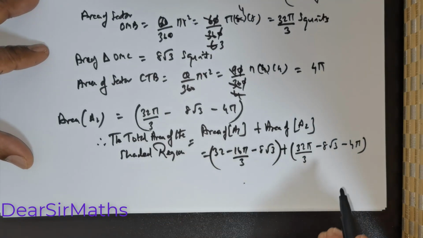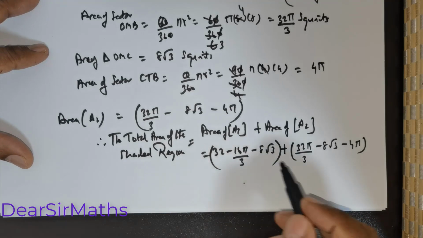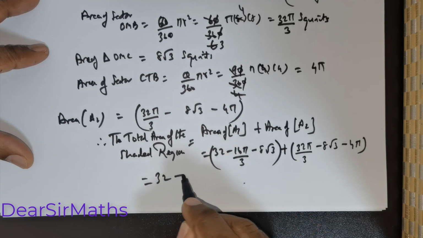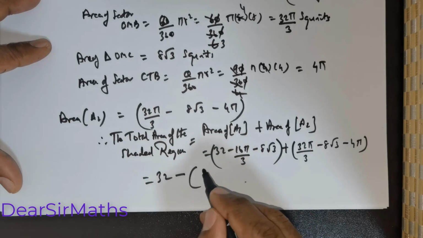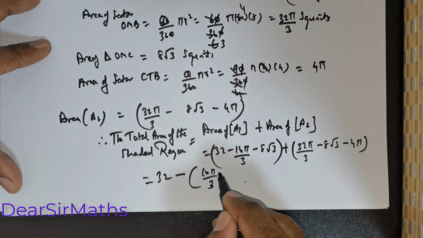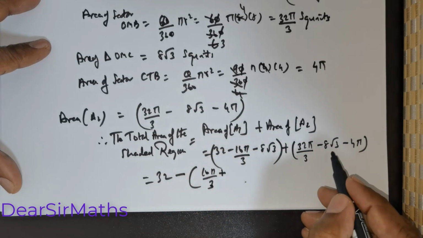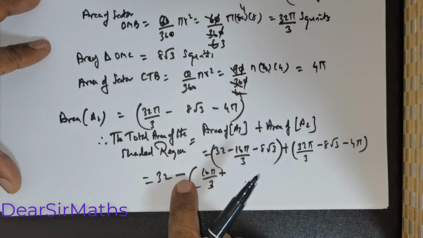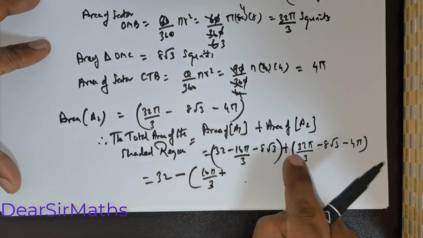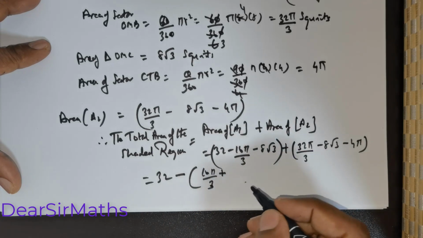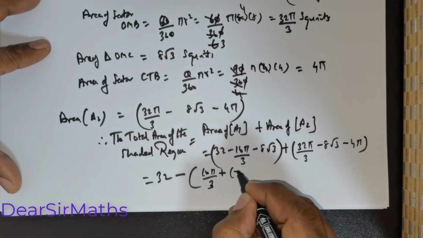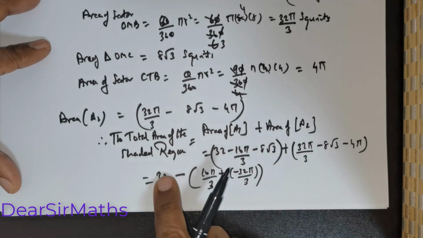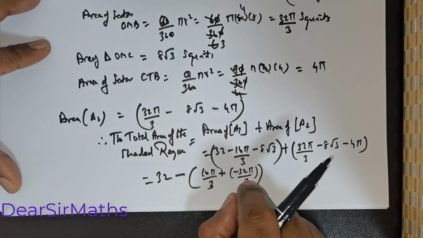Now we need to do some simplifications, otherwise the solution would not look good. 32, no simplification is required. You take the minus out. Now 16 pi over 3 added with this, when I take this out, this is going to become negative 32 pi. So I need to place the negative sign. So let me place it like negative 32 pi over 3, because negative times 16 pi over 3 will give me negative 16 pi over 3.